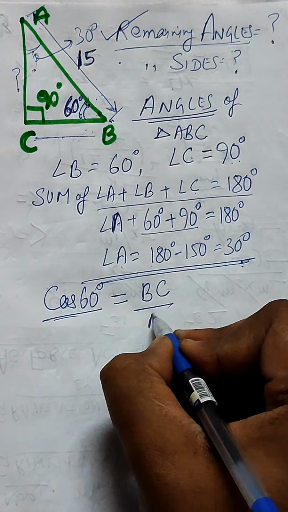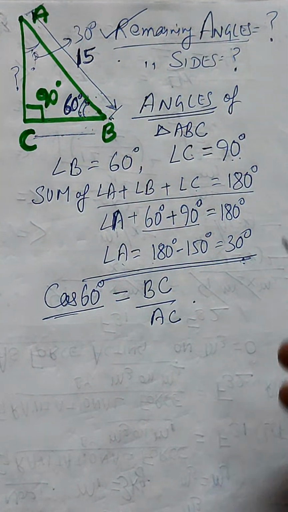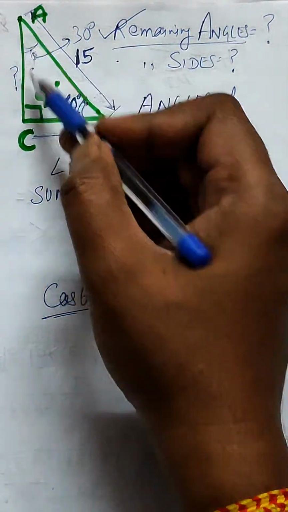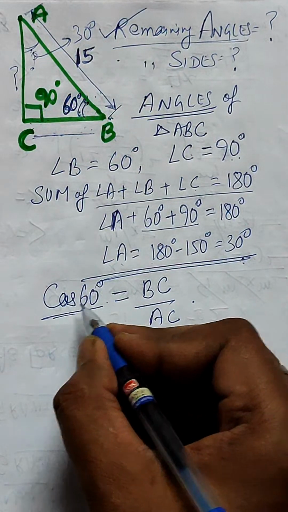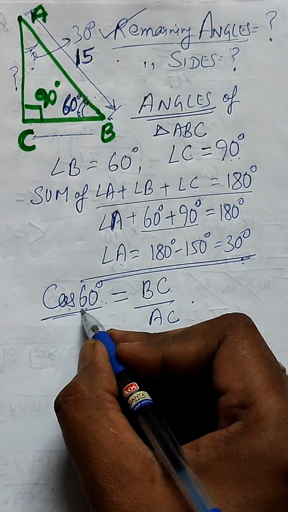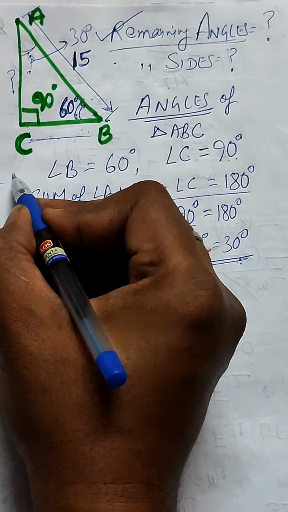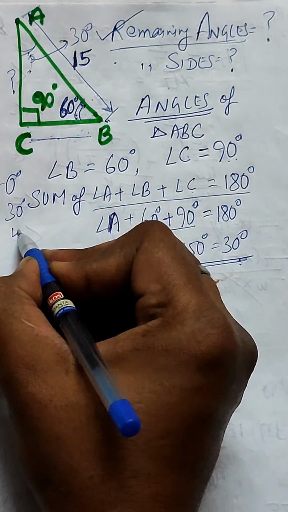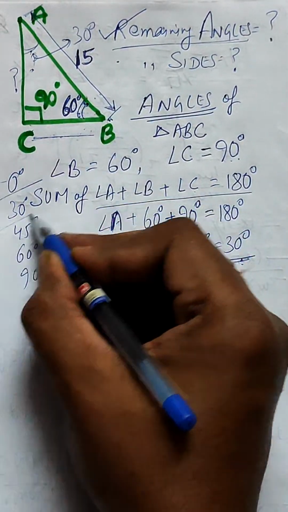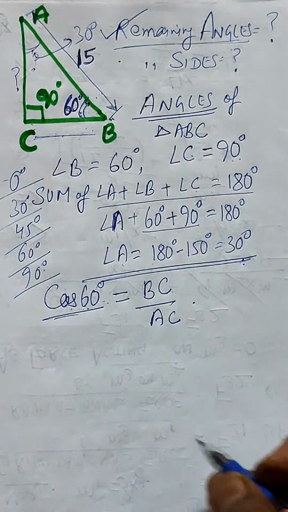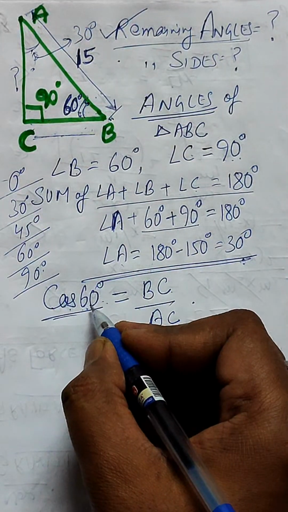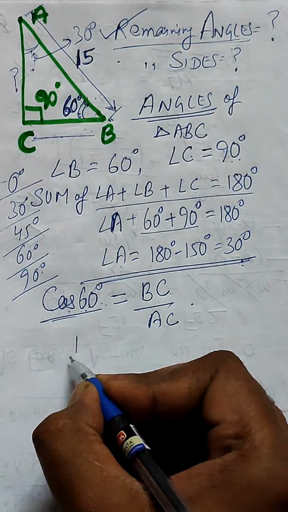BC by AB, right? So for the remaining sides, we do not know the values of BC and AC, which we are going to calculate. Cos of 60 degrees, this ratio I know, and you should remember all these values for 0, 30, 45, 60 and 90 degrees. You should know the values of sine, cos, tan, cot, cosec and sec, right? So cos of 60 degrees is 1 by 2.